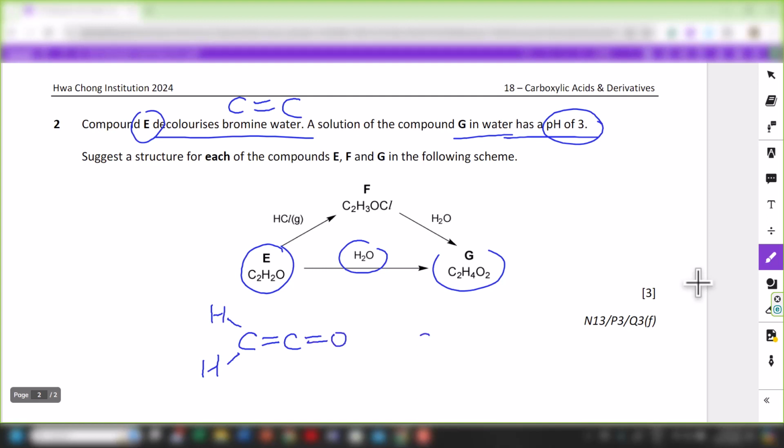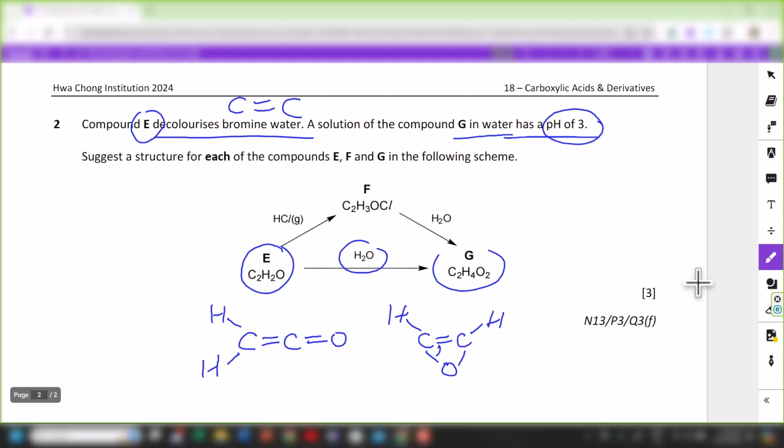Why is that the case? Because if you try to put an H here and an H here, you will end up with a very weird oxygen. Okay, you put it right in the middle, and then it's bonded like this. So this is going to be extremely unstable, because you are forcing this bond angle, which is supposed to be 120 degrees, to take on an angle of 60 degrees.